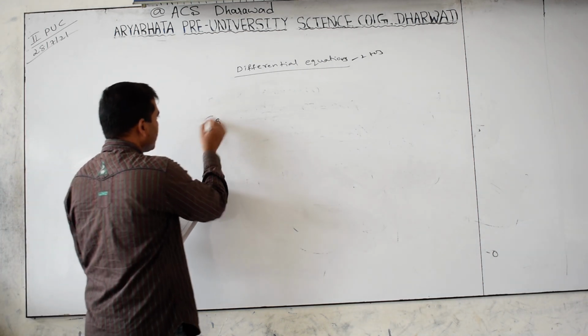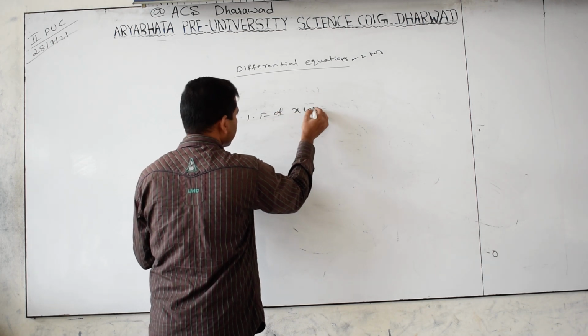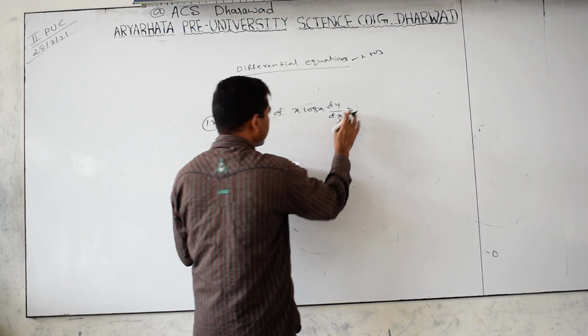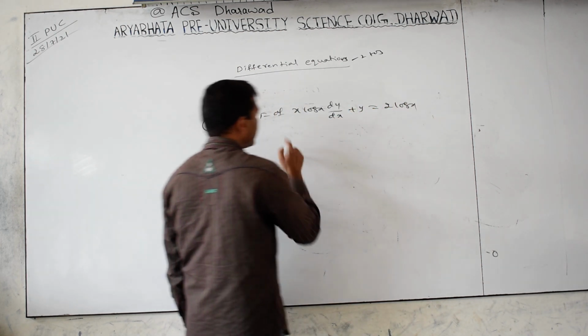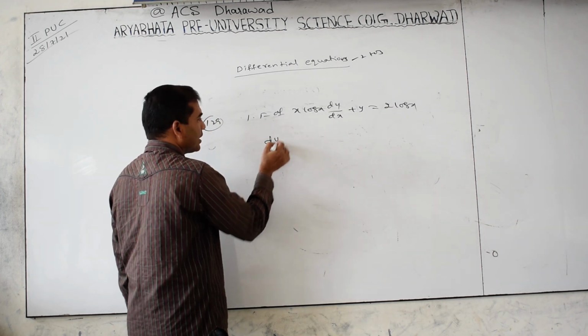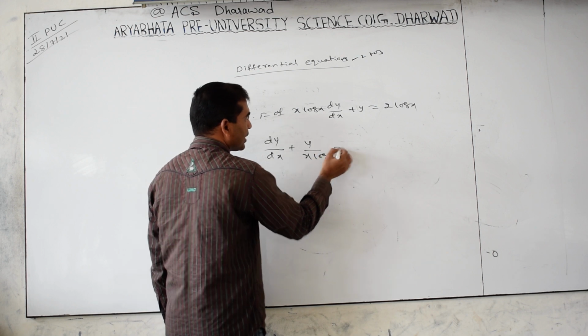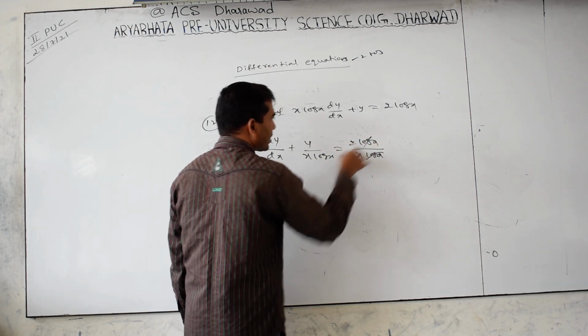Next, question number 129, the IF of x log x dy by dx plus y equals 2 log x. Divide by x log x: dy by dx plus y by (x log x) equals 2 log x by (x log x), which gets cancelled.